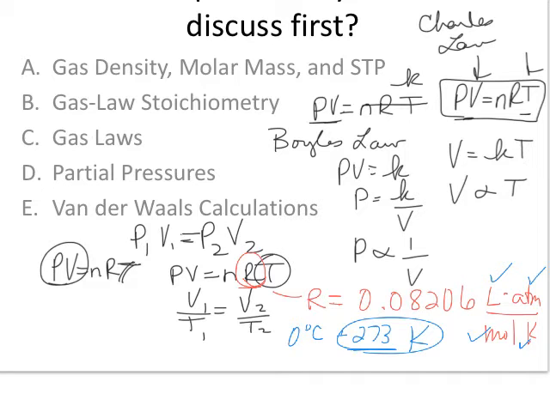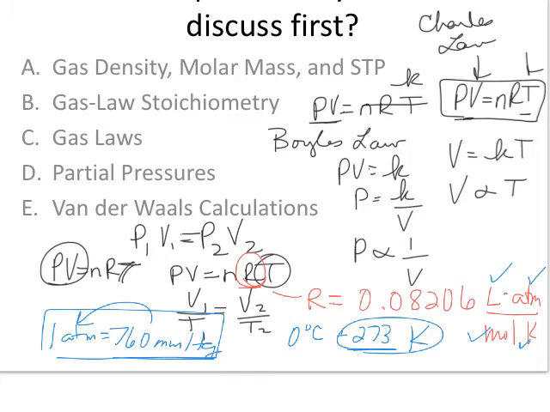You also have a few ways to convert, like 1 atmosphere equals 760 millimeters of mercury. So if you're given your pressure in millimeters of mercury, you can convert that to atmospheres. You do need to memorize that conversion factor, because to work these problems, these are the units you're going to have to work with.